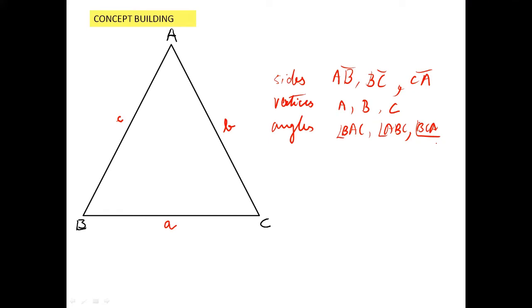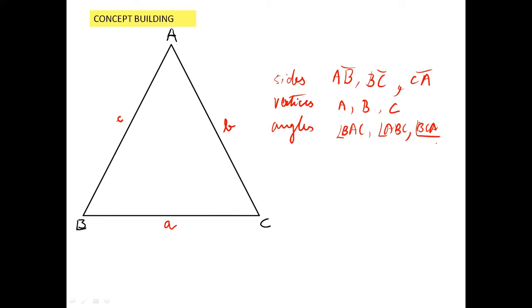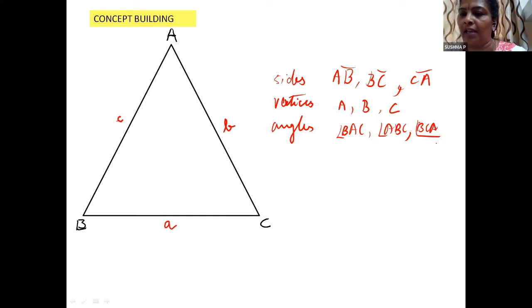AC. They should be able to identify it. Generally children will search for which is the side opposite to angle B, and when you suddenly ask them, they are not able to identify. So they should know very clearly the side opposite to the angle, and the angle opposite to the side. They should be very clear before we go ahead with the next part of the lesson.